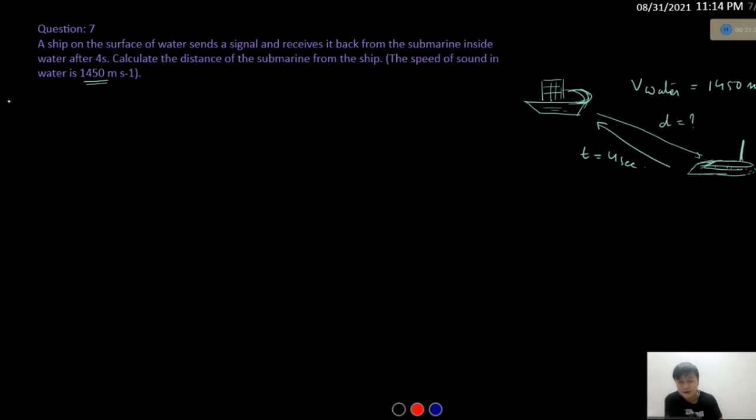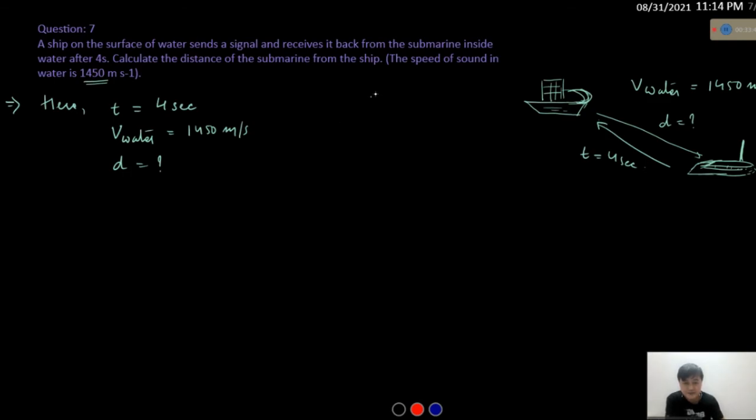So here, what is given: time is given, 4 seconds, and the velocity of sound in water is given, 1450 meters per second, and we have to calculate the distance.